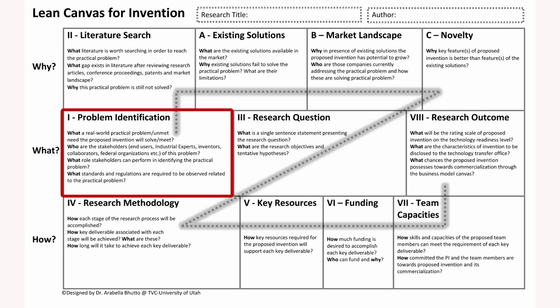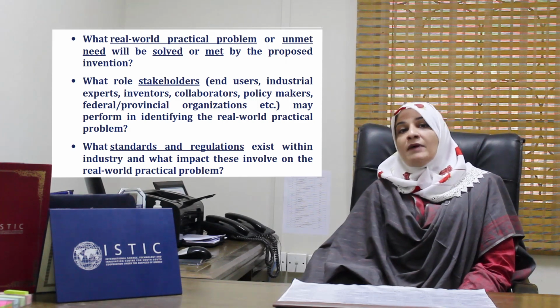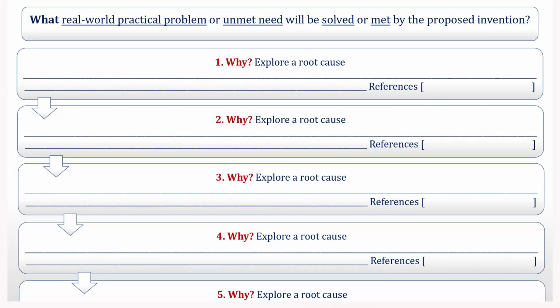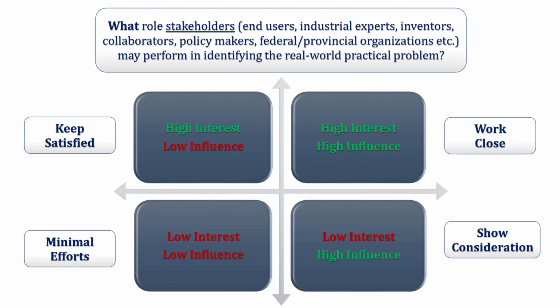Quick review: we have learned 3 questions in the problem identification box. We have used the first template of the LCI, the 5 Why technique. Then we worked on the second template of the LCI for stakeholder mapping. And today we have concluded this first component of the LCI after learning the problem investigation script.